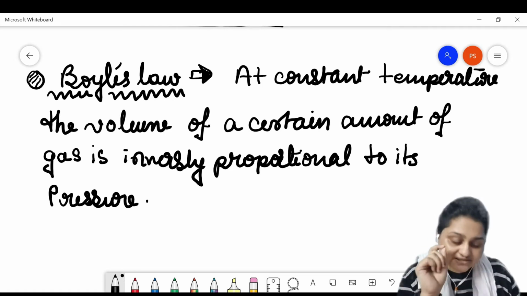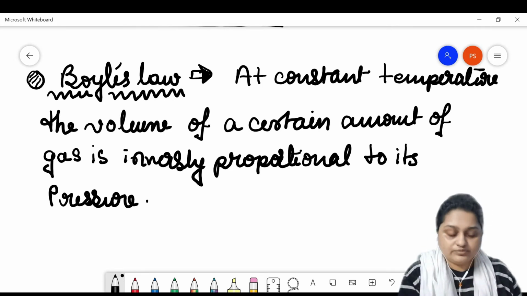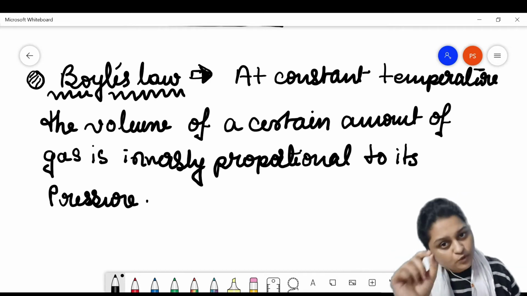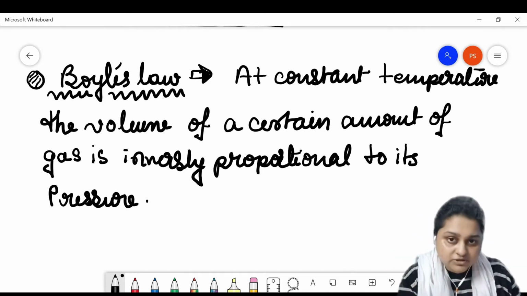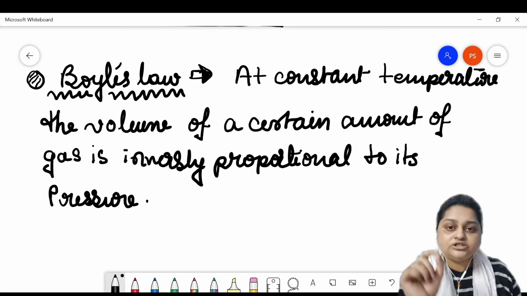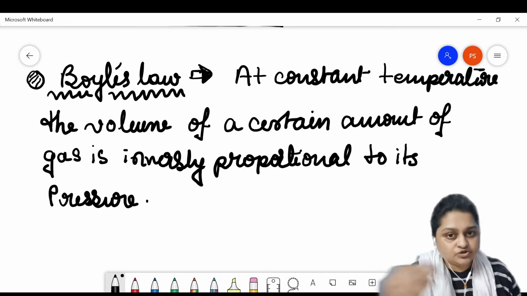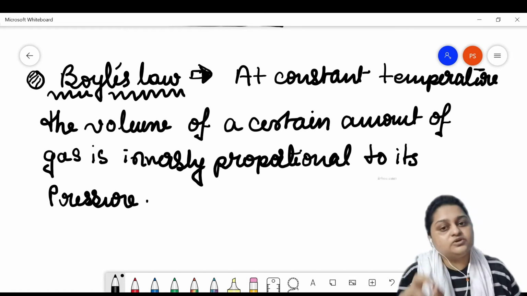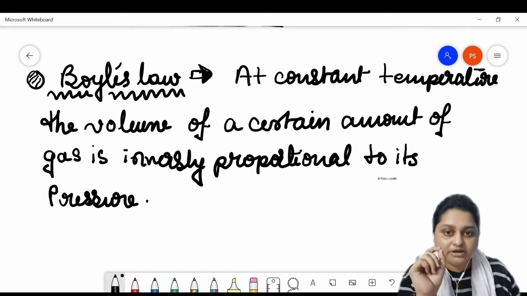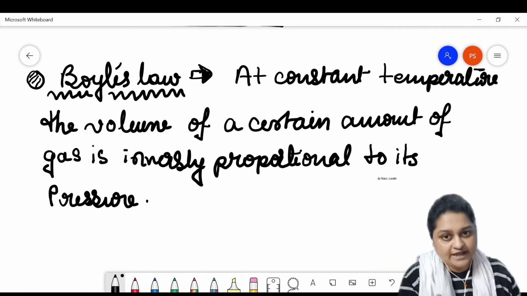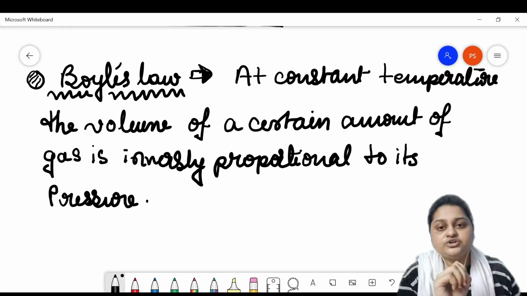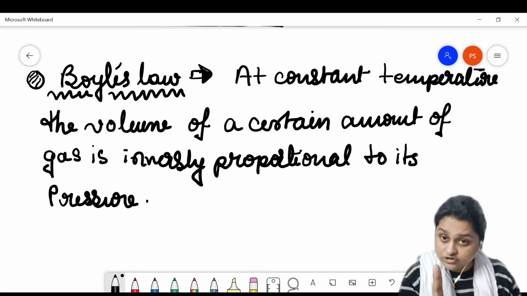We observe this law in a closed environment, because if an open environment is taken, the number of moles of gas will change by exchange with the surroundings. With a closed environment, the amount of gas that we had taken remains the same throughout the observation. That's why Boyle's law is applicable for a closed environment at constant temperature.